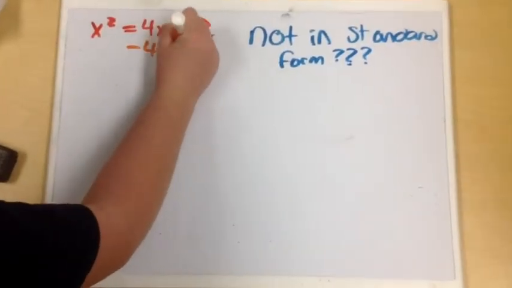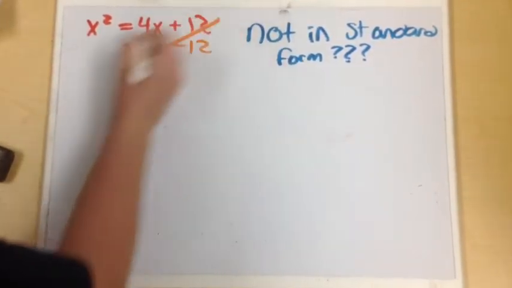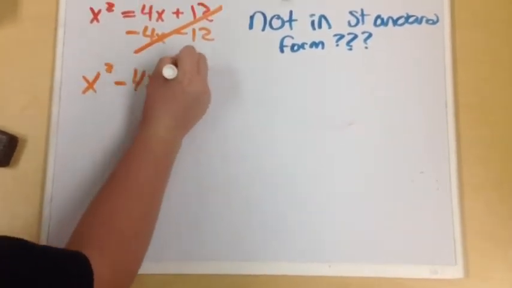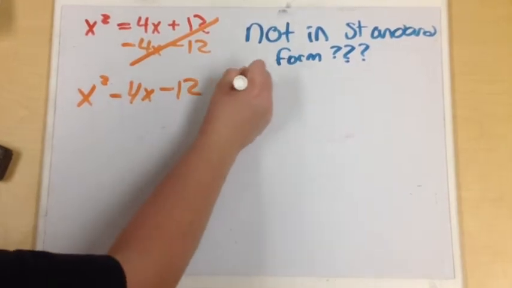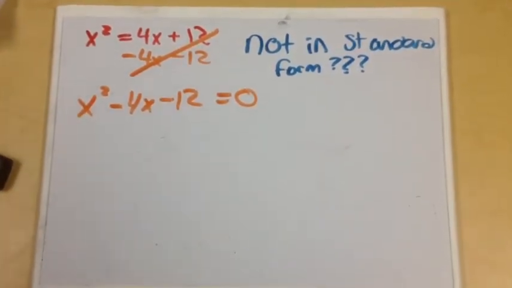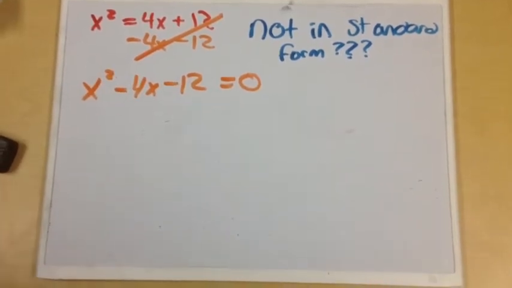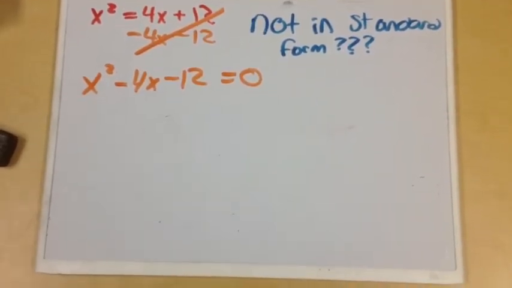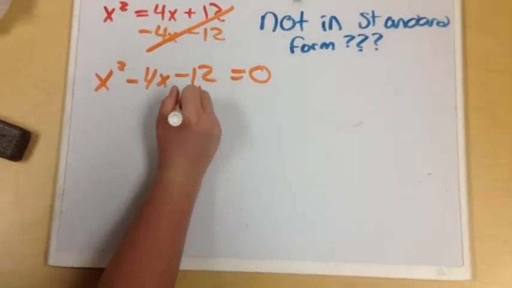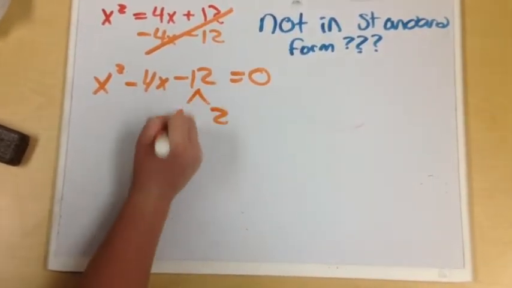Okay, now let's deal with finding the x-intercepts of an equation. Now this equation is a trinomial, but it's not in standard form. It's set equal to 0. Basically, what you would do first is solve it as you would any other equation in standard form. Factor the negative 12.